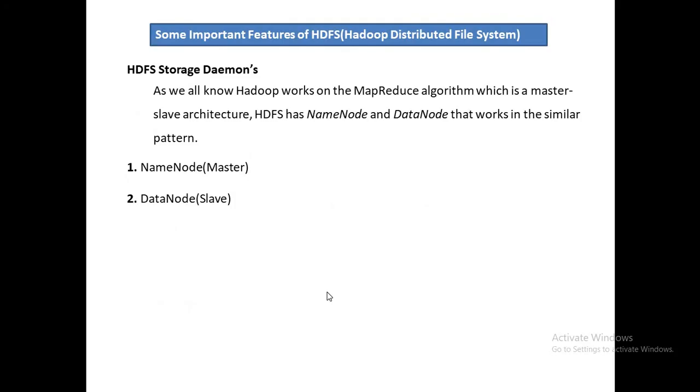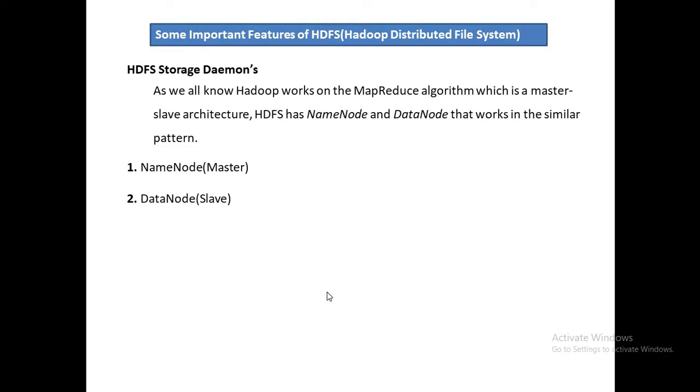Now we come to a very important topic, HDFS storage, and how it stores data. Up to now we have seen the purpose and the features; now we look at how it works.